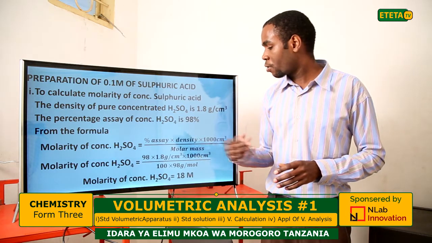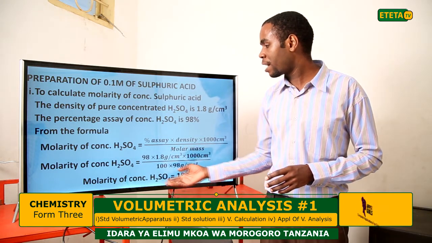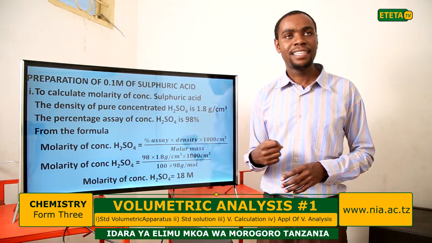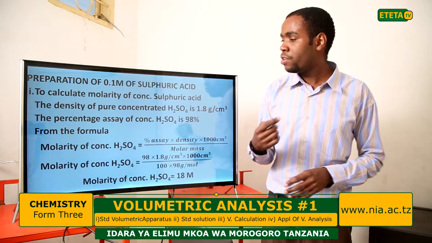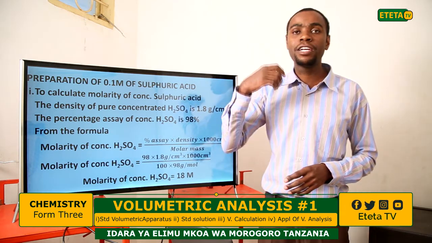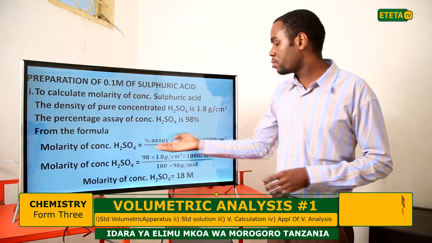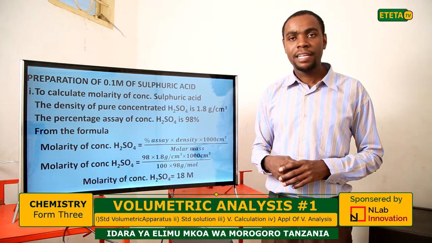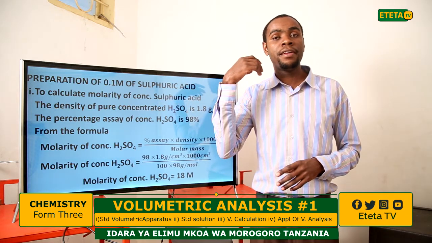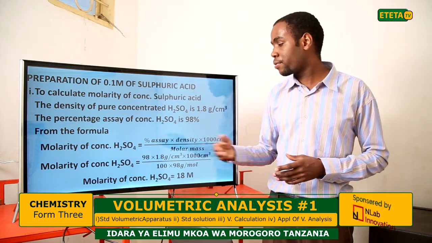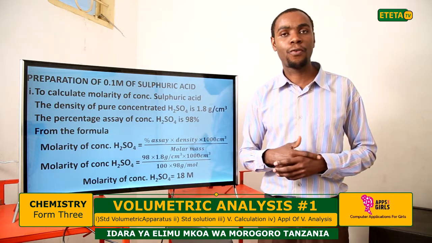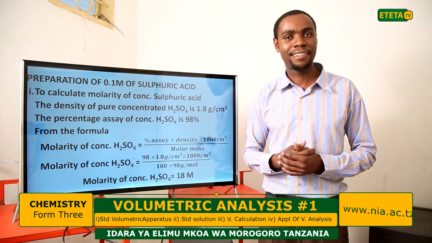Not only concentrated sulfuric acid can be calculated by this formula, but also any acid which you have been given. In case you have been given hydrochloric acid, you can use this formula to calculate the molarity of the concentrated acid.